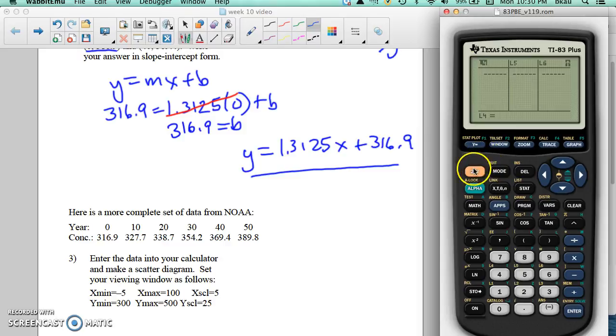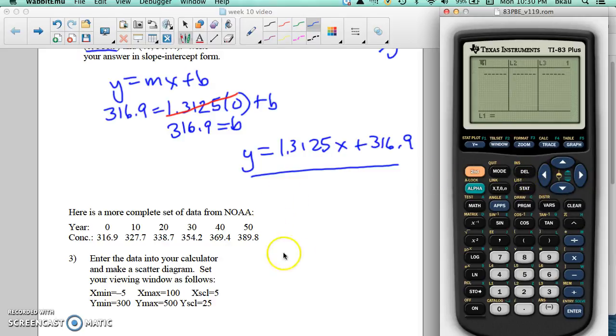So it says L4 there, and then we hit second, insert, so that it gives you a blank, and then you can use your L1, L2, and L3 on the yellow button keys. So I'm going to insert L3 back in here, hit enter, and then insert L2, so it's back in there, and then I'm going to insert L1, so it's back in there, and all of those that I deleted by mistake are now back in here through L6.